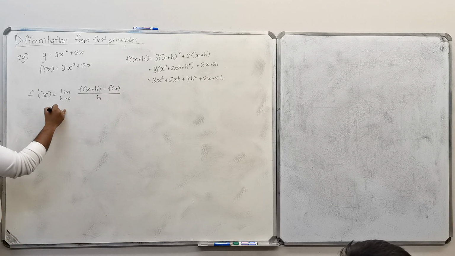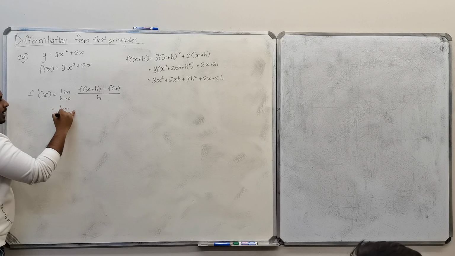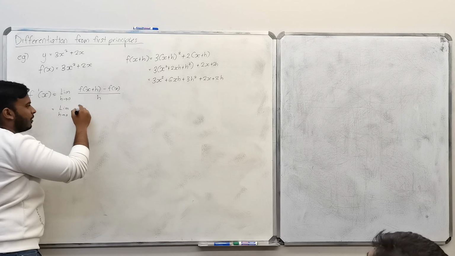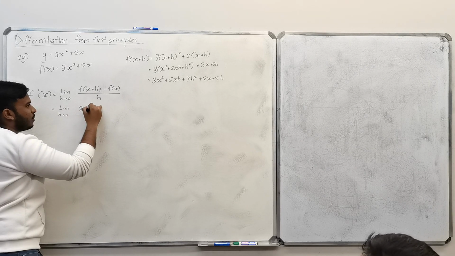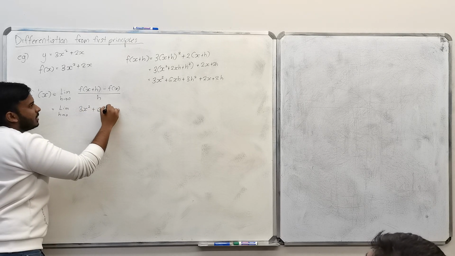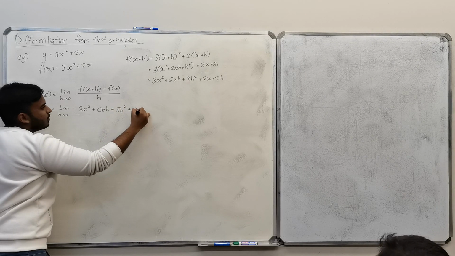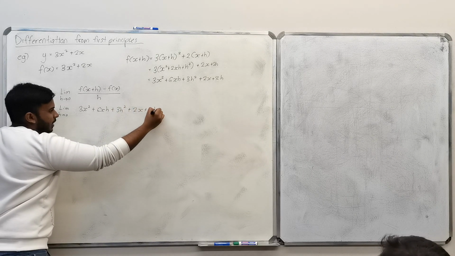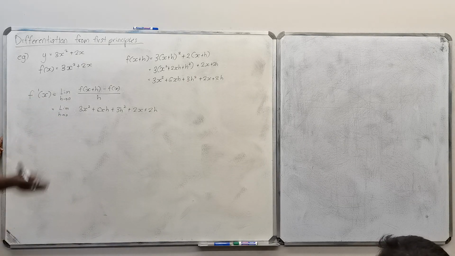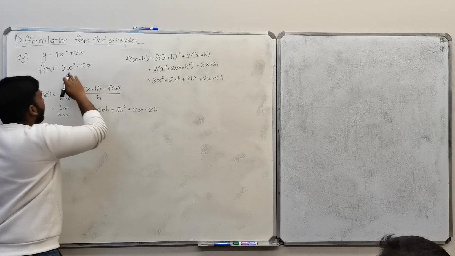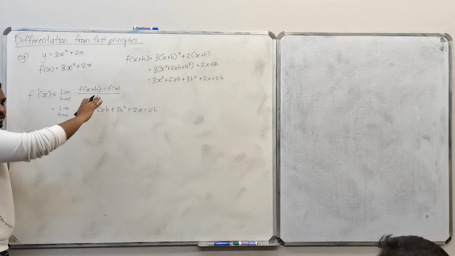So you substitute your values for f of x plus h. This is 3x squared plus 6xh plus 3h squared plus 2x plus 2h, minus that. So it's going to be minus 3x squared minus 2x.